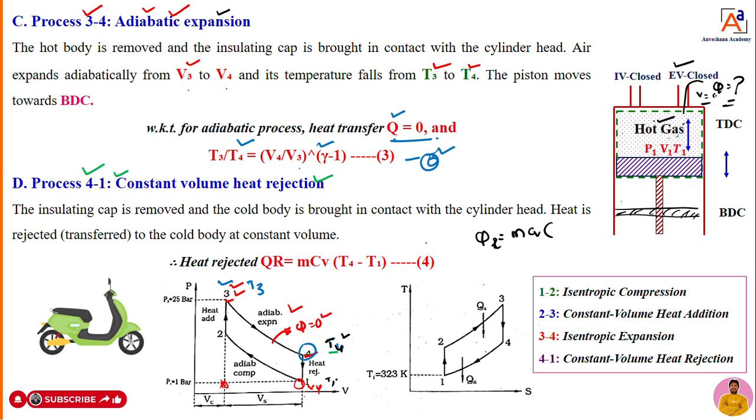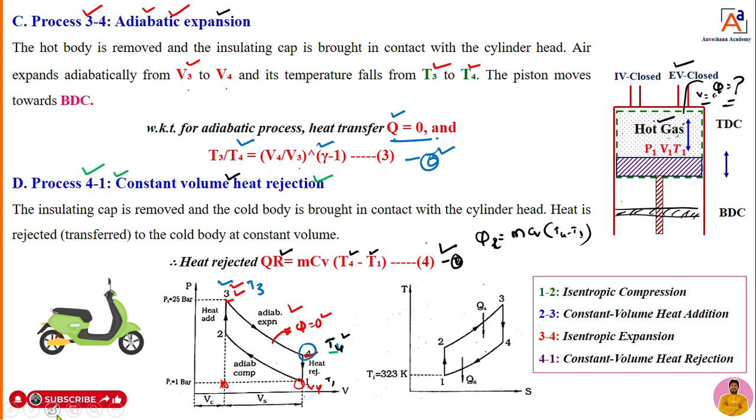T4 is higher here, so I will write T4 minus T1. This is nothing but the amount of heat rejected during the fourth process, that is constant volume heat rejection. So therefore QR is equal to m into Cv into T4 minus T1. That we will call equation number 4.